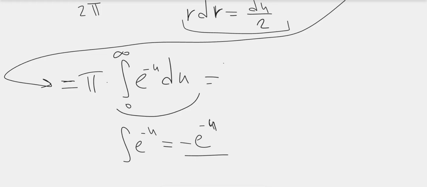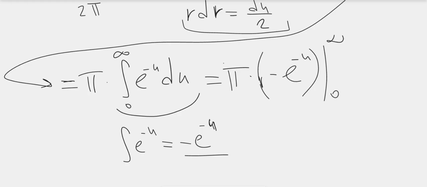So this should be equal to pi multiplied by minus e to the power minus u, where u varies from 0 to infinity. So now, let's write this in detail.